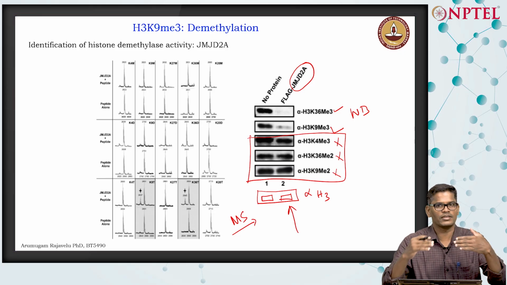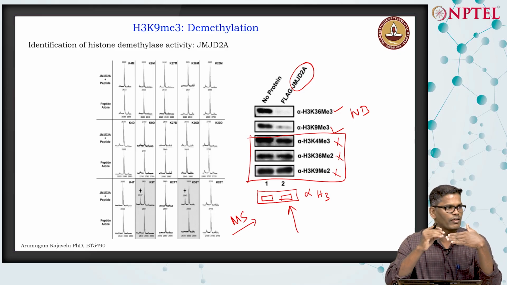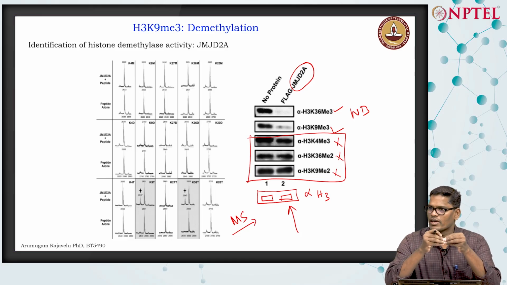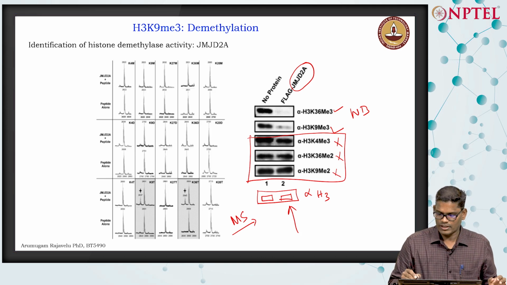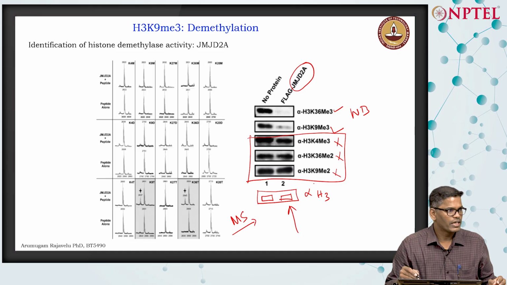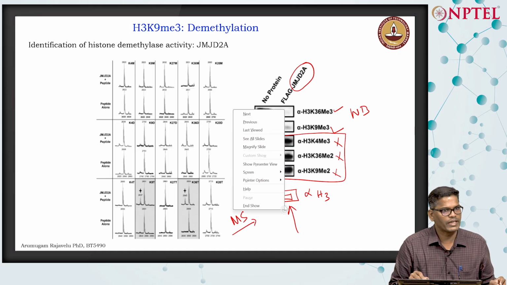Imagine you have an antibody against a small chemical modification, three methyl groups, that becomes an antigen, a small epitope, right? Unless you have a very specific monoclonal antibody, it cannot show strong differences. That is why you have to be very careful when you are reading or conducting these kinds of assays. But if you have this control, it makes sense.